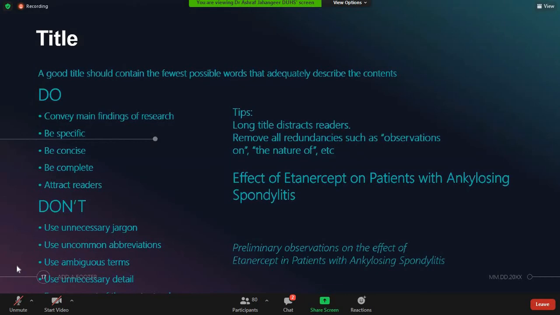Why should someone say at the very beginning that whatever I'm showing you are preliminary observations? The writer may have sufficient time in the methods to tell the reader that these are preliminary observations. So make your title specific.